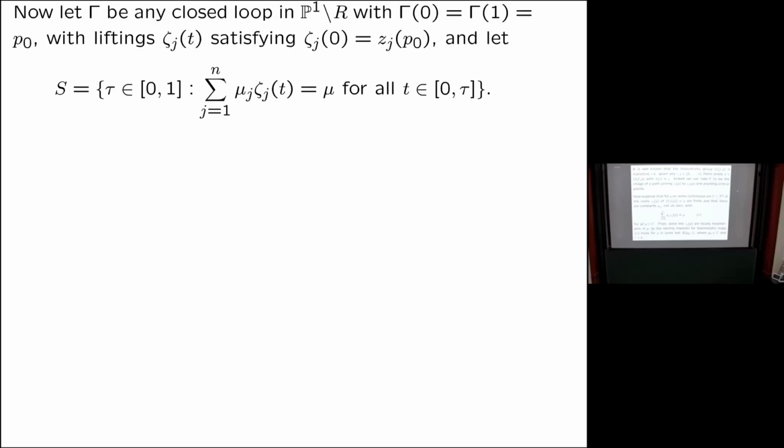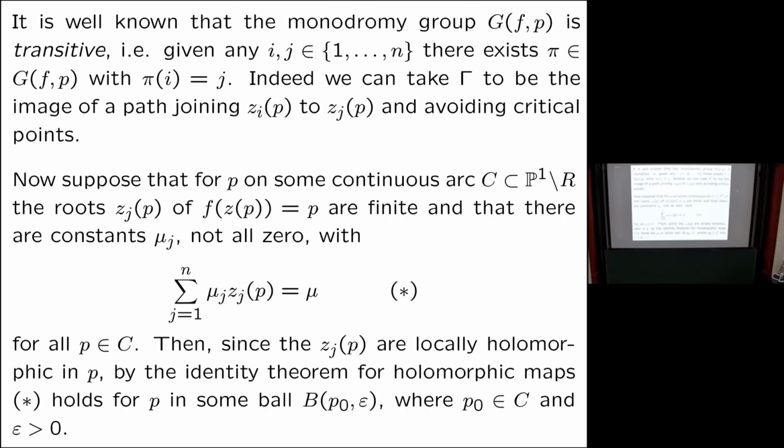Now suppose you've got a closed loop and you have these liftings. What I'm trying to show is that if I have a loop and I know at the beginning of the loop that this is true, then it's going to be true right the way around the loop.